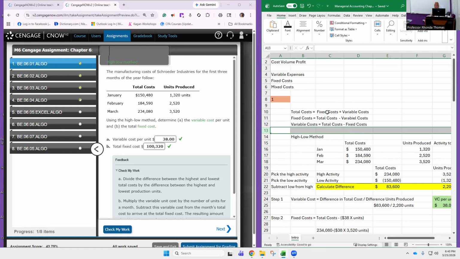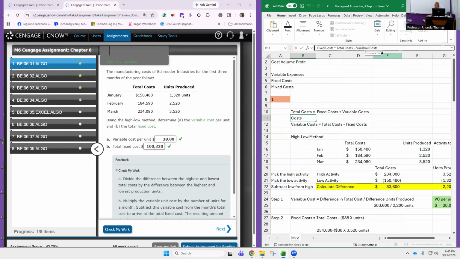Fixed equals total minus variable. And then we can also isolate variable costs by subtracting fixed from total costs.